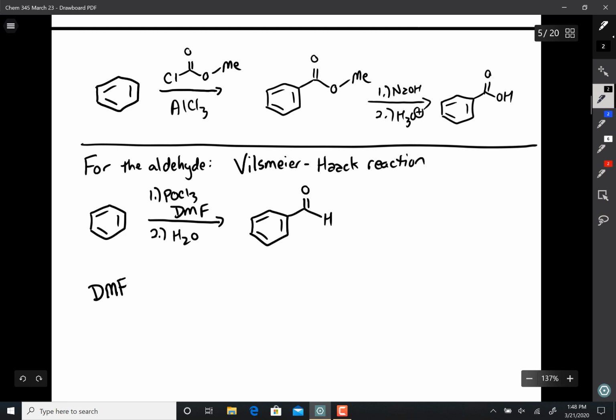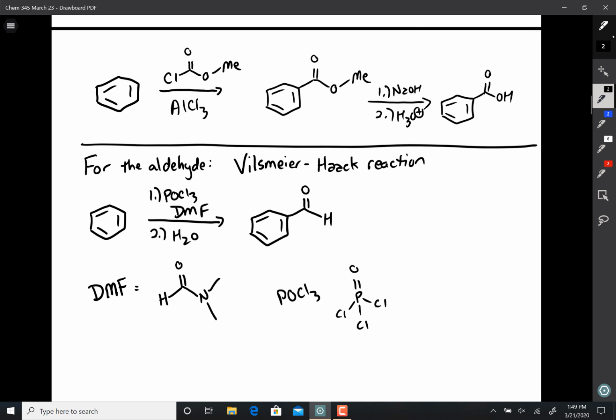DMF is short for dimethylformamide. POCl3 is a Lewis acid that's generally used for this.